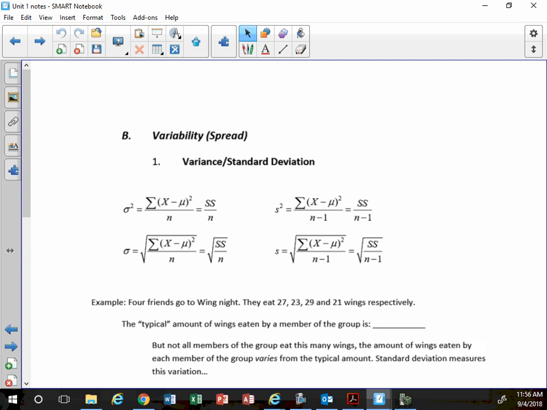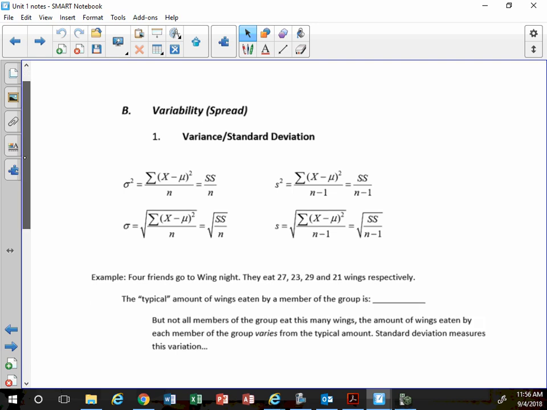One of the things we're going to talk about is the variability or the spread of your set of data values here. A couple different things we talk about when we discuss spread. You can either talk about the variance or the standard deviation. That's what we've got going on with these formulas here.